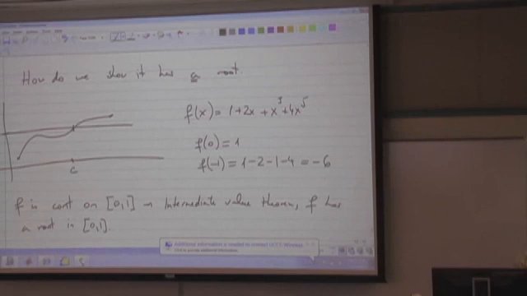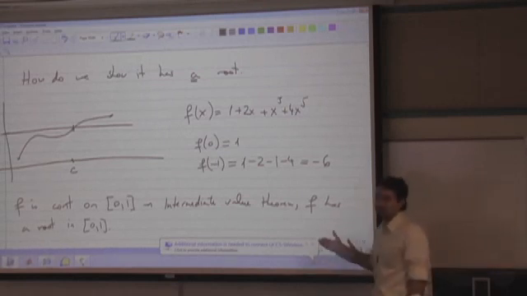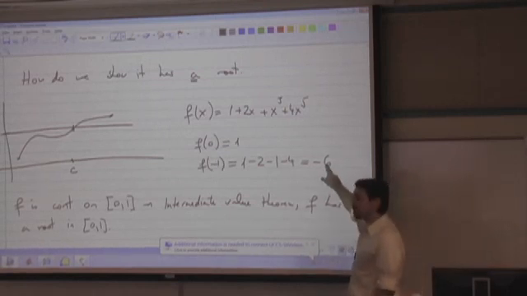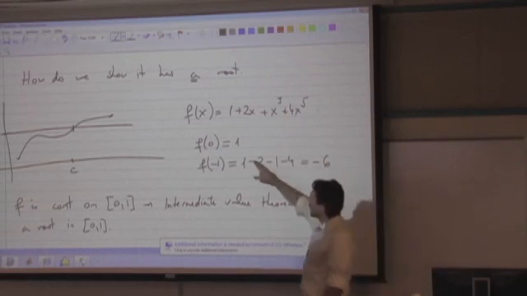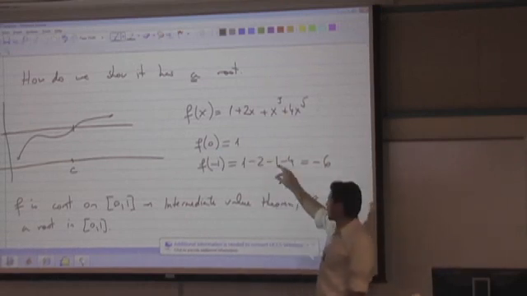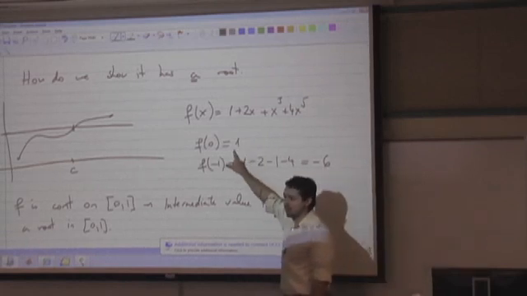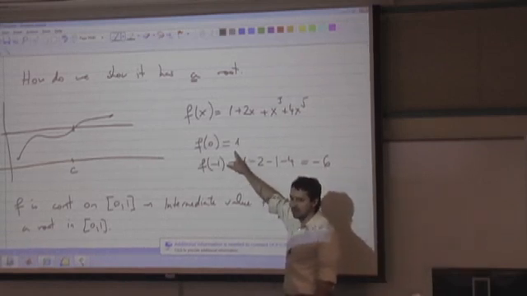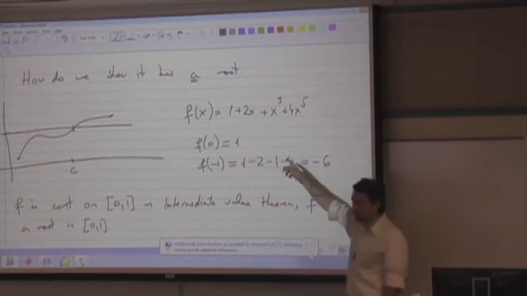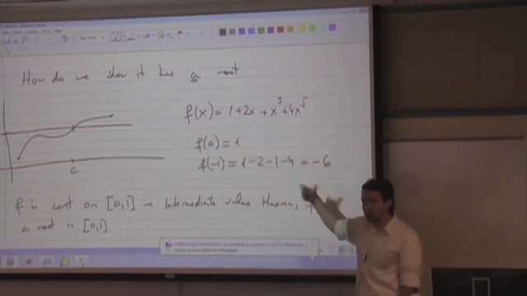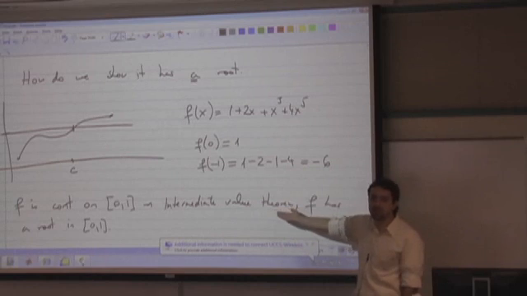Is that making sense? Intuitively speaking, your function is continuous. I started at negative 6, I gotta get to 1. At some point I have to cross the x-axis. There's no other way around it. That's basically what the intermediate value theorem says.